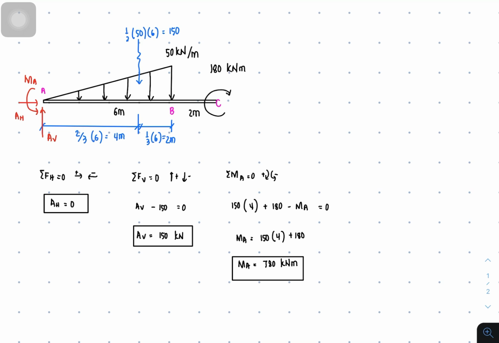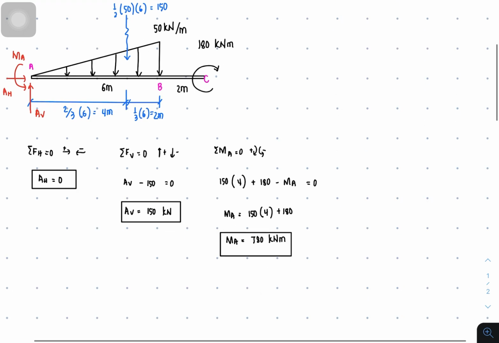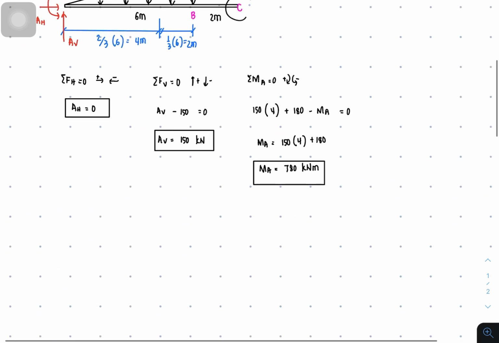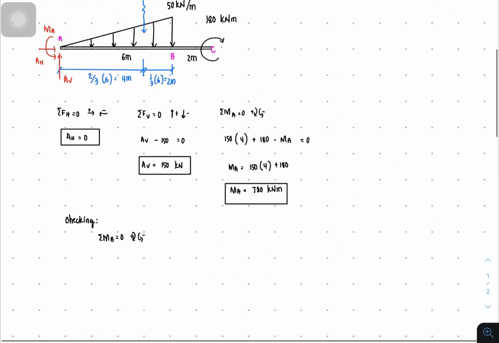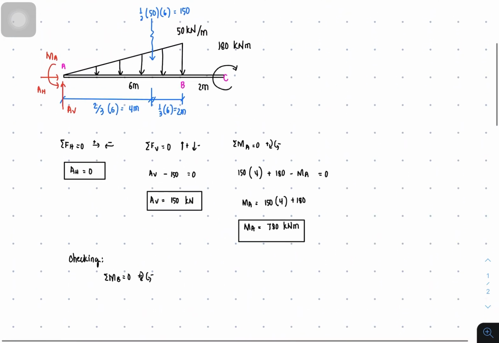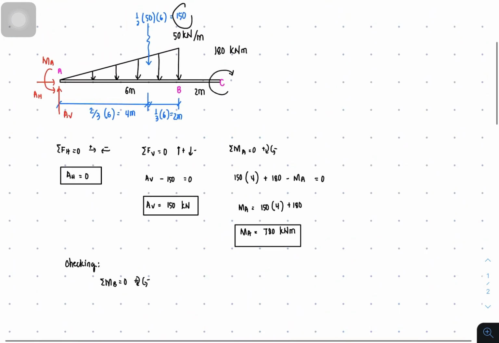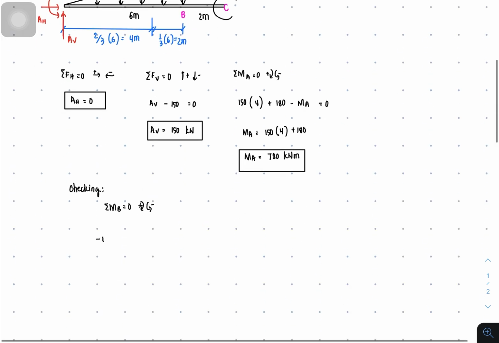Okay, so I'm going to choose point B for the checking. So let's do the checking, and we'll have the summation of moments about point B as the point of rotation, clockwise positive, counterclockwise negative. In that case, this 150 will rotate about point B with a counterclockwise direction, so it's negative 150. The moment arm is 2 meters.